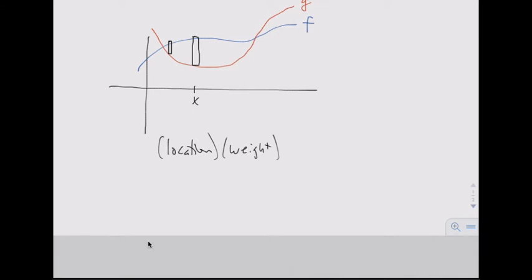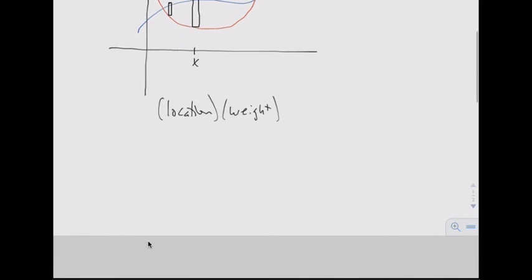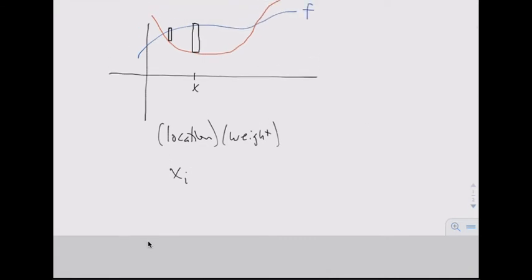So for the x, we're really looking at a combination of the location, in this case x, so we'll call it little x sub i, and then we need to figure out the mass. Well, the mass or the weight really is the area. This dimension right here is my delta x, and this distance here is the difference between the two functions, in this case f minus g, the way I have them labeled.